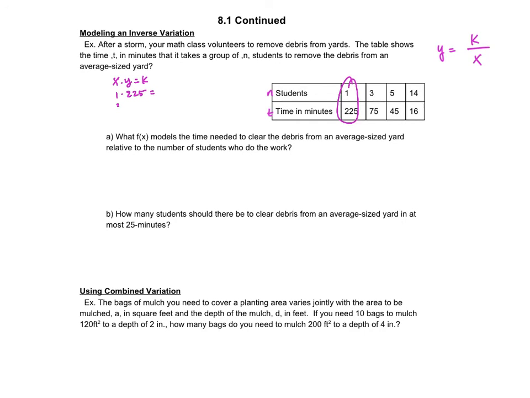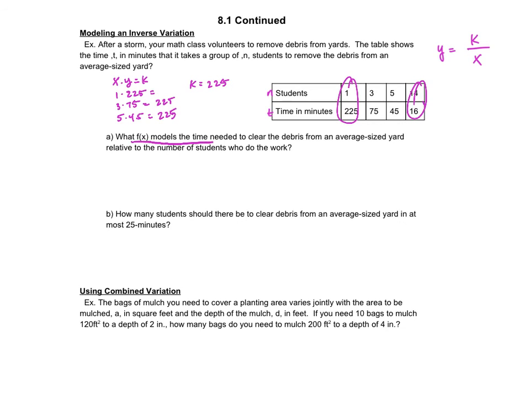I also have 3 times 75, which gives me 225, and 5 times 45 gives me 225. And then, of course, these two, I think it's going to give me 224, but very close to 225. So it looks like k is going to be 225.